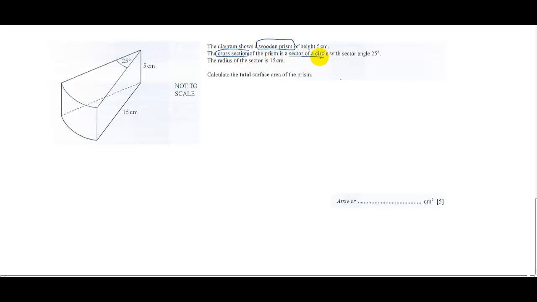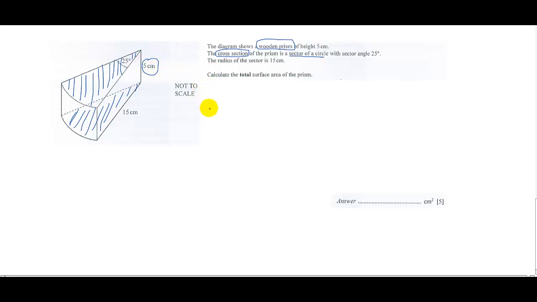Okay students, this is the top base and this is the bottom base, and the length between the two bases is called the height of the prism.